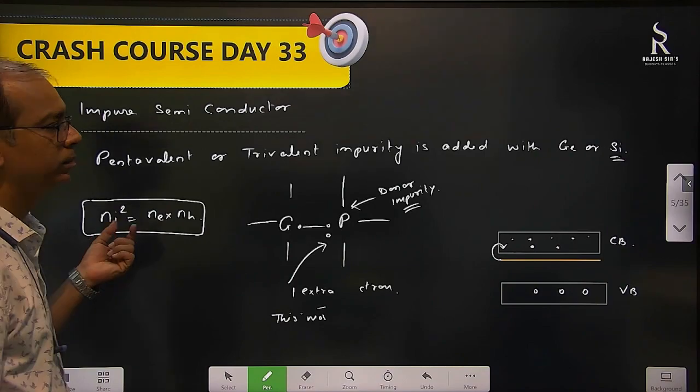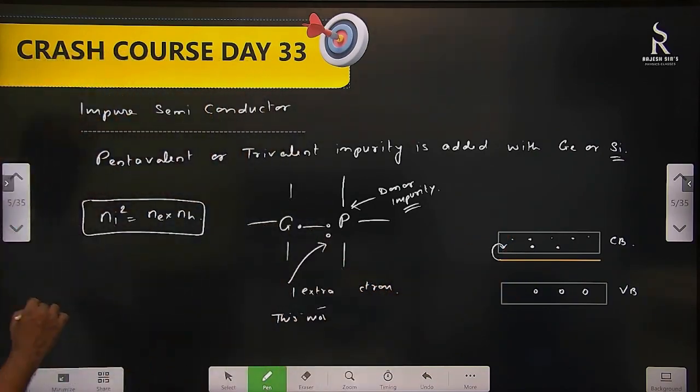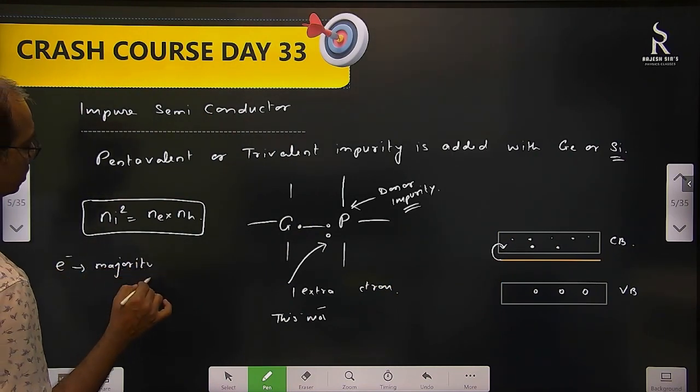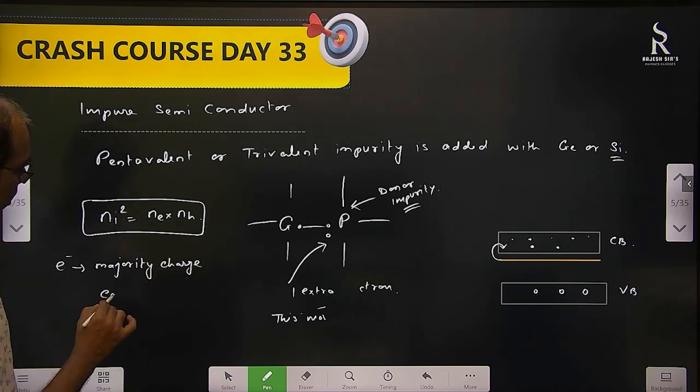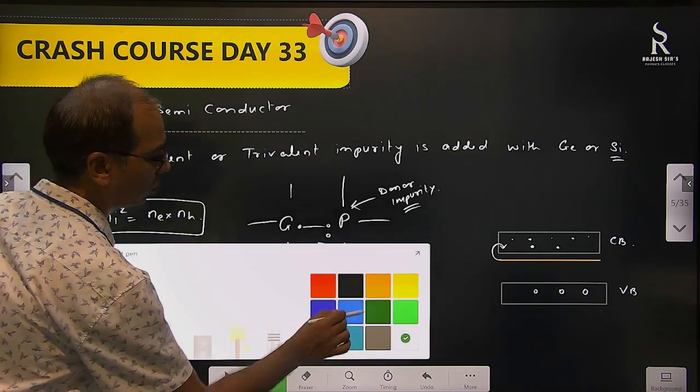But in this one, there are more electrons. So electrons are called majority charge carriers. Okay, and holes are called what?